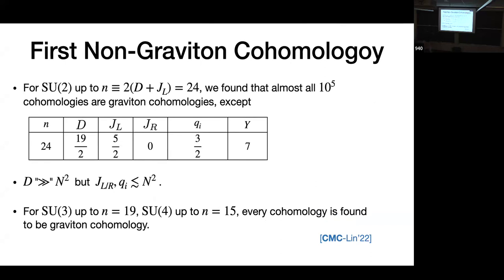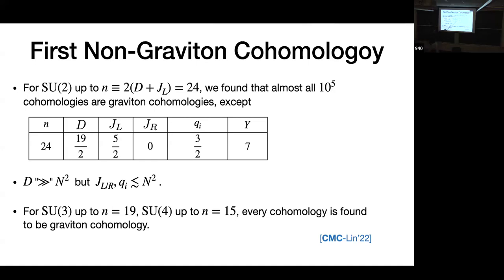I changed my convention, so this J lab is J1 plus J2, over 2, and we use this number to give a grading of our Hilbert space, and then we went up to this level n equals 24.